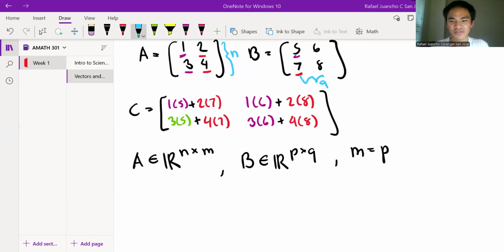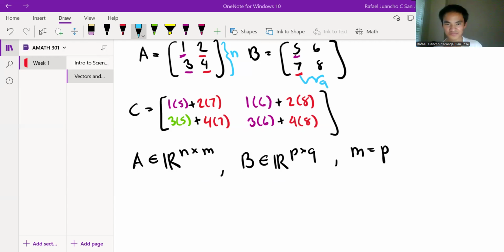I don't think so. I don't see a relationship of some sort. Probably if it were the other way around, then yes. Yeah, it's only the number of columns of A that should be equal to the number of rows of B.